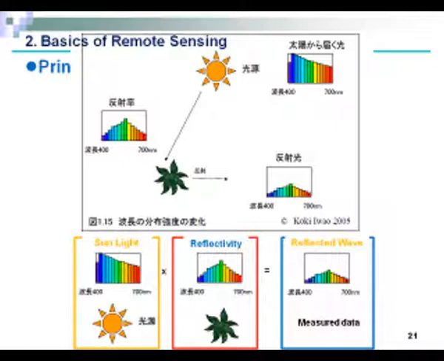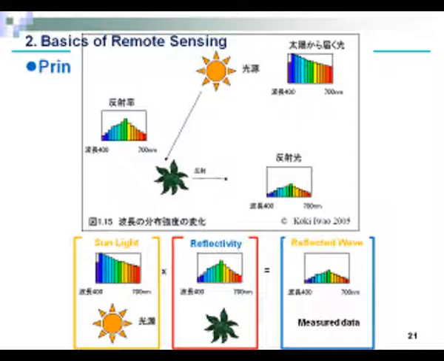Move on to the next phenomenon. This is an image of reflection of EM waves. This is the source of EM waves, sunlight, and an object. Sunlight reflects off the object's surface, and we can observe the reflected wave with an optical sensor.